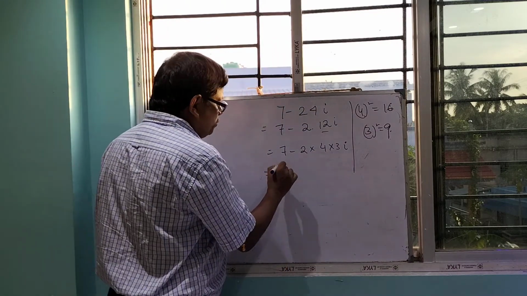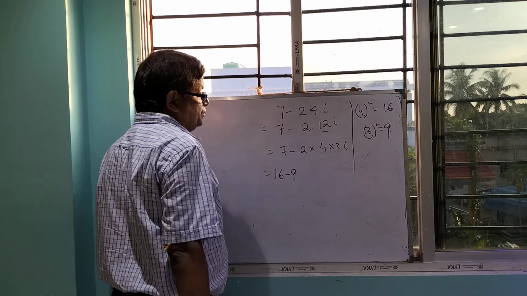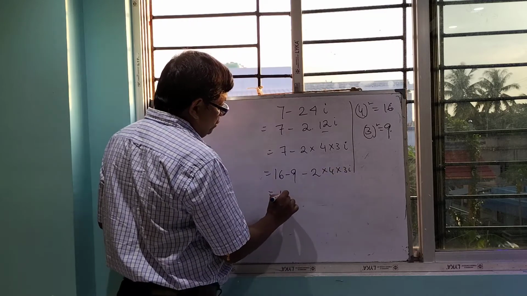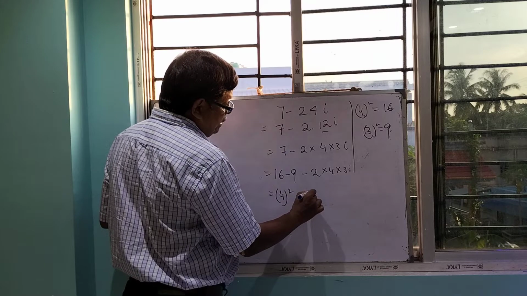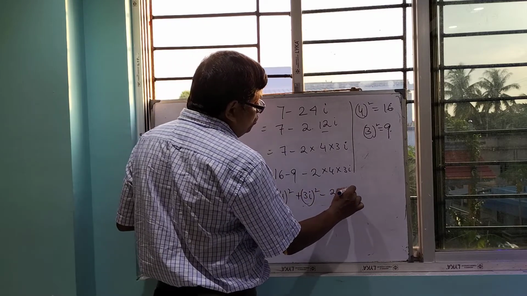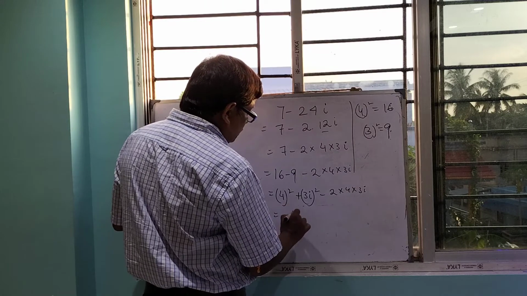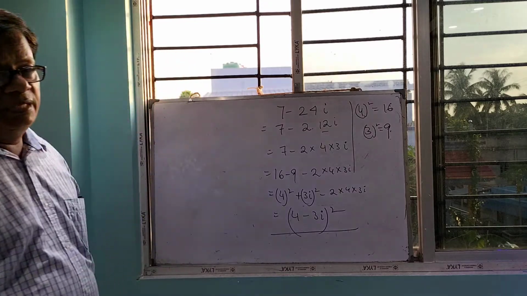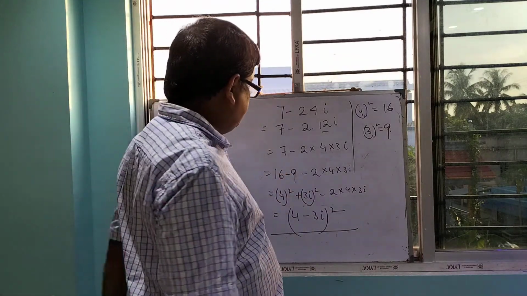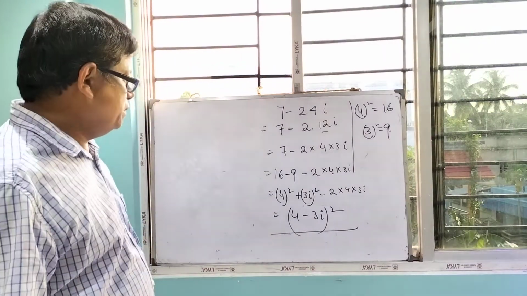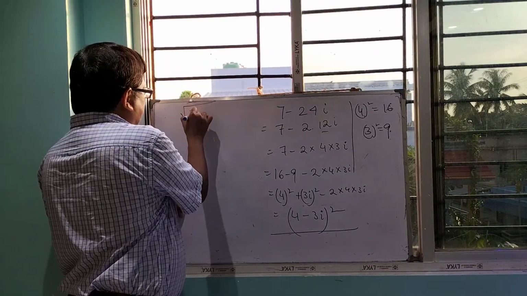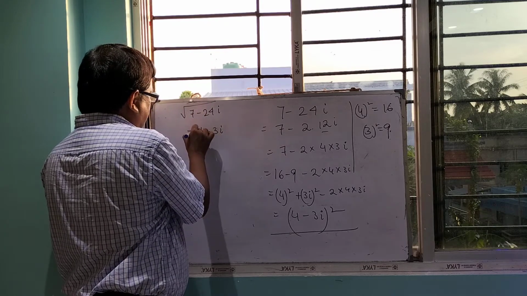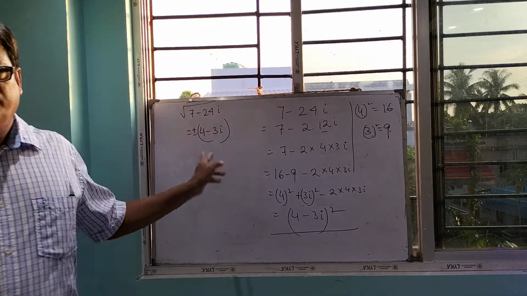So 7 we can write 16 minus 9, minus 2 into 4 into 3i. 16 you can have 4 square, this is 3i whole square, 2 into 4 into 3i. So 4 minus 3i whole square. See, a square plus b square minus 2ab is a minus b whole square. So square root of 7 minus 24i is plus minus 4 minus 3i. Note it down.